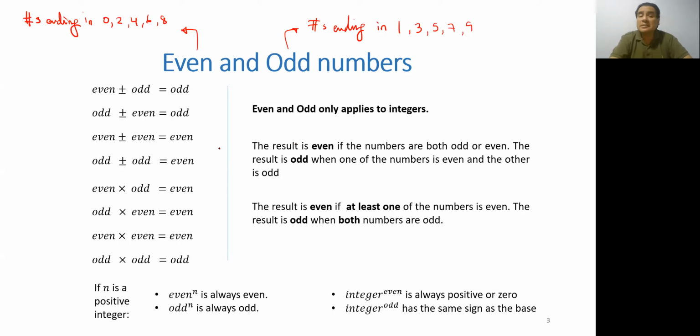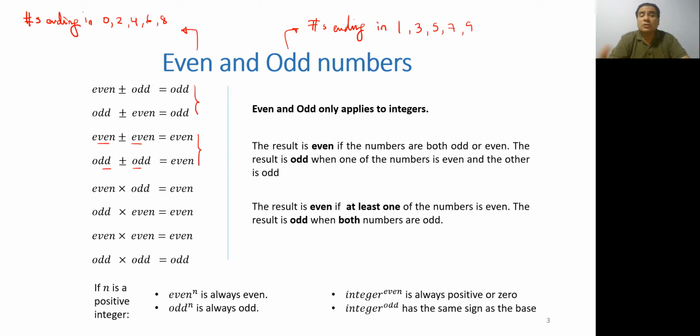For example, if the terms are the same, even or odd, the result will be an even sum or an even difference. But if they are different, one even and the other odd, no matter in which order, the result will always be an odd sum or difference. What about the product or multiplication?